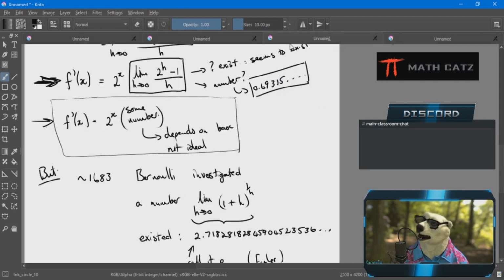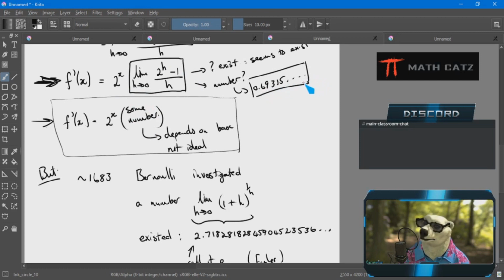Now, we have to pause the question of what the number is. If my base is anything else, I have a number popping out. If it's anything other than e, for example, if the base is 2, I have this 0.69315 number popping out.